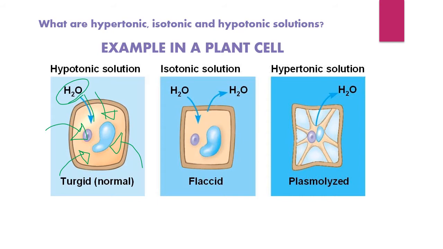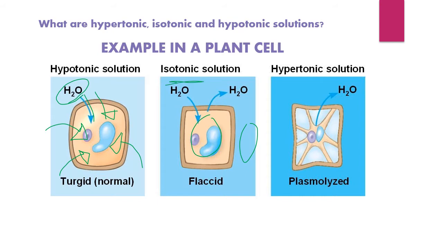But in the isotonic solution, the water potential inside the cell equals the water potential outside the cell, so it is the same going in and out. It becomes an isotonic solution.